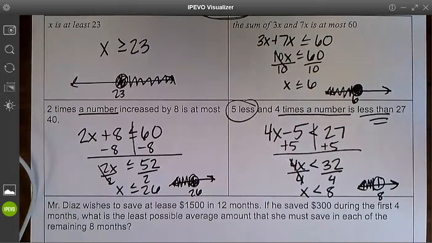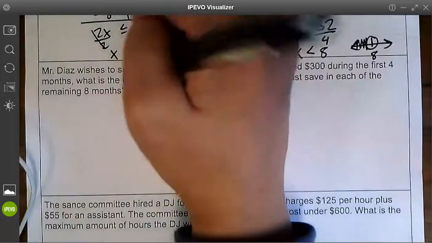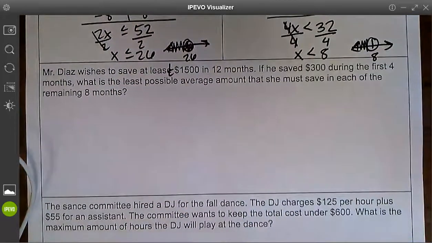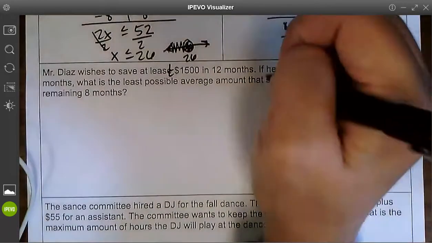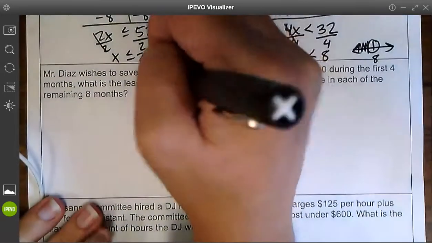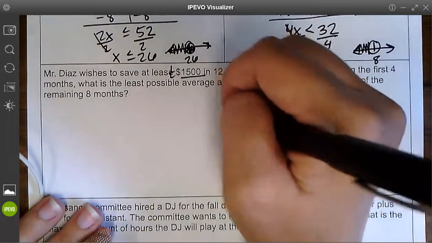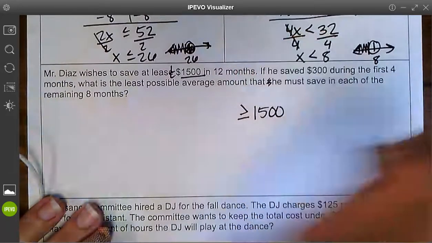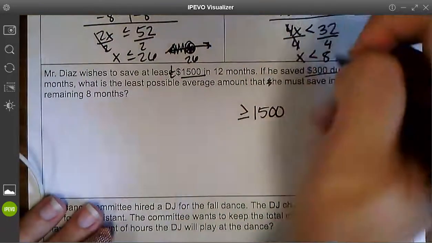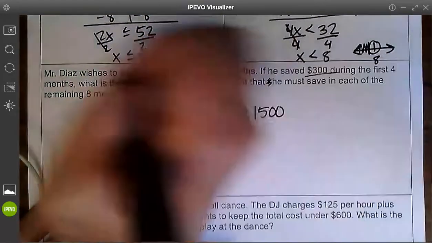All right, now with the real word problems, the harder ones. Mr. Diaz wishes to save at least $1,500 in 12 months. If he saves $300 during the first 4 months, what is the least possible average amount that he must save in each of the remaining 8 months? So he wants to save at least $1,500, so whatever he saves has to be greater than or equal to $1,500. He's already saved $300, so he's going to add that to what he's going to save over the next 8 months.